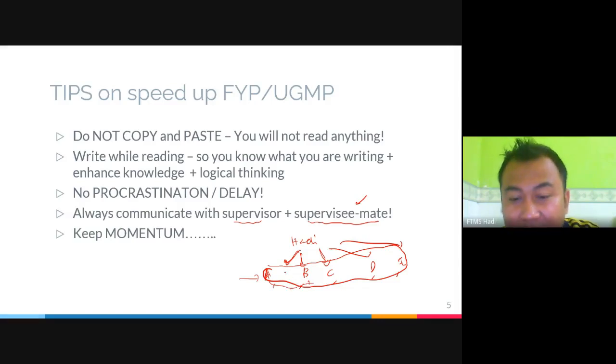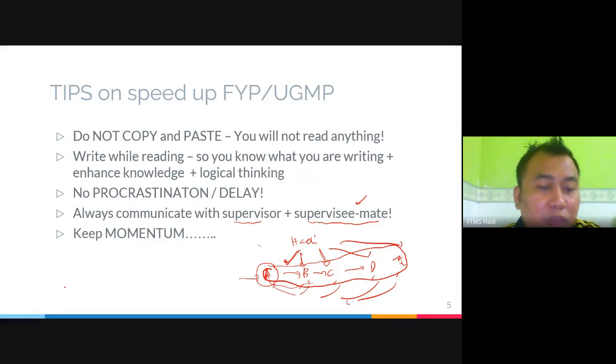While they are pursuing together, asking each other, sometimes D can teach E, D can teach C. So at the end of the day, they go together in reaching the common objective, which is completing the FYP and UGMP. So instead of working alone, why not communicate with other supervising mates? It is important. Sometimes you have a WhatsApp group.